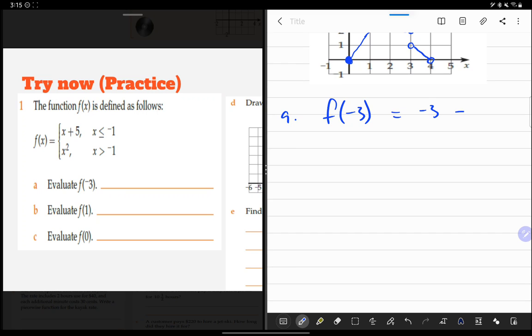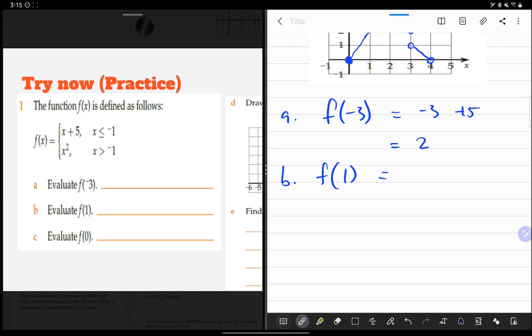So it's -3 plus 5. So in the place of the x, I've put a -3 in, because that's what that means. When the variable is -3, if I put -3 into the function, which is the whole equation, what do I get? Which is what this notation means. Which leads us to 2. That's all good. Next one.